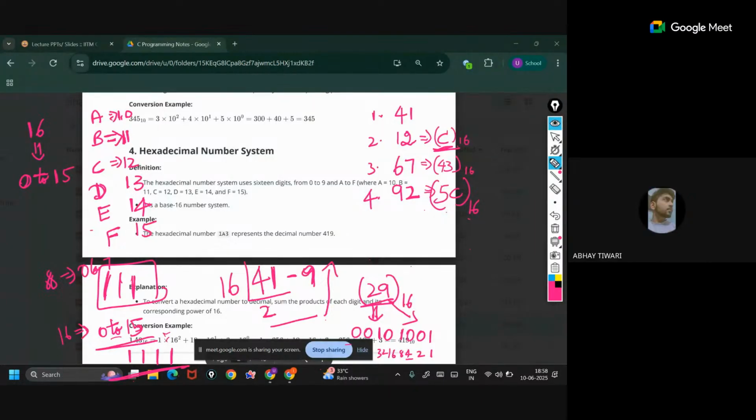Yes, ma'am. Okay, I'll just give you the values here. First is C, second is 43 to the base of 16, converted to binary. Next is 5C to the base of 16.